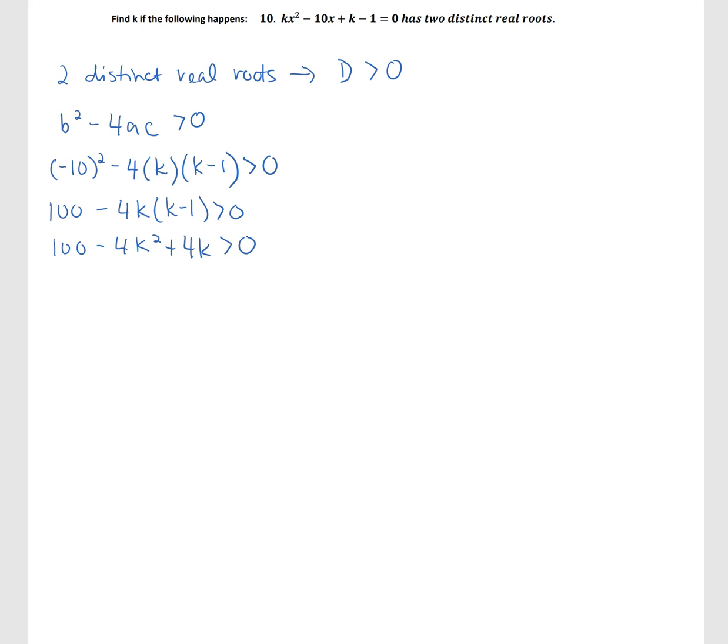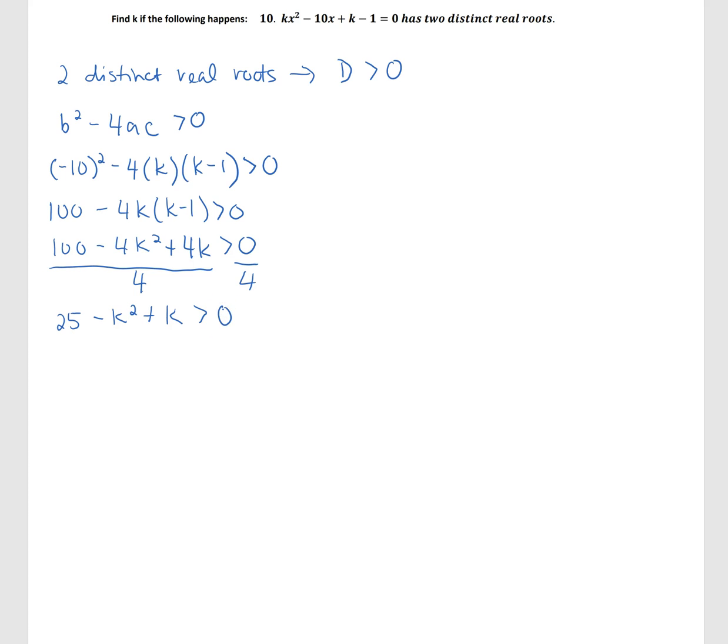And so I can simplify this down further by dividing both sides of my equation by 4. 4 goes into 100 25 times. This simplifies down to negative k squared, this down to just k. And on the right side of the equation, 0 divided by 4 is just 0.